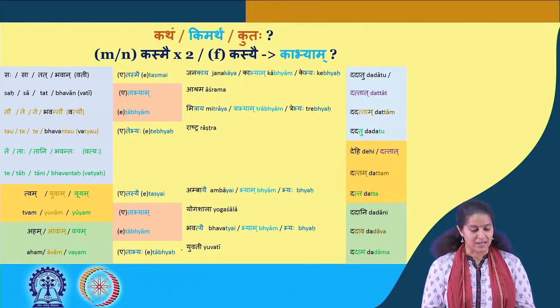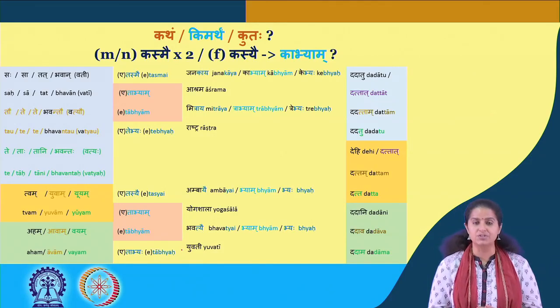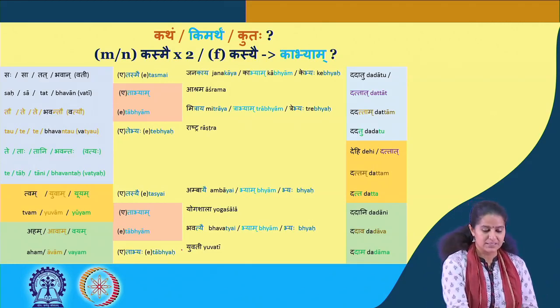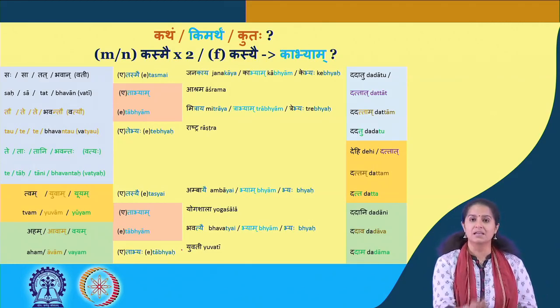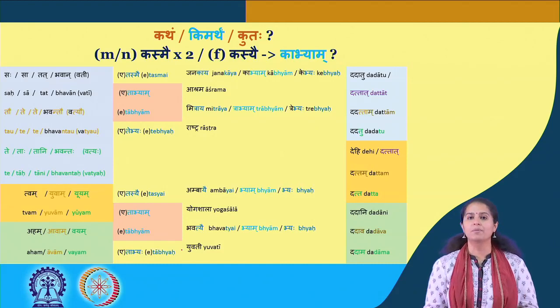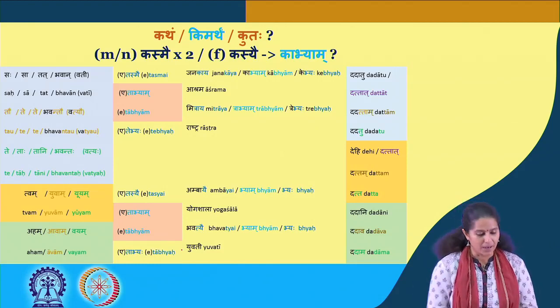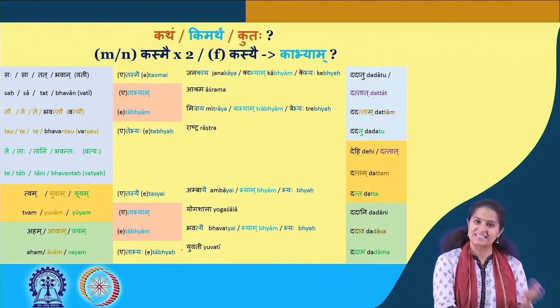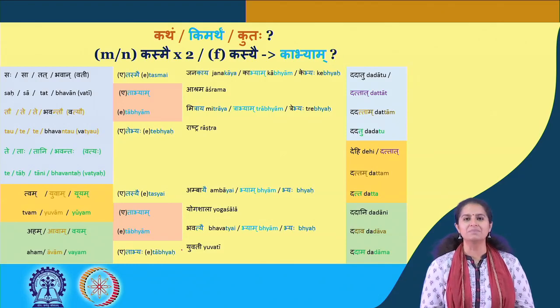So let's move on to the next one here, which is the fourth case, where the question is kimartham. And as we've seen, be it kimartham, katham, kimartham or kutaha, the form remains the same as kabhyam. So kasmai also for the masculine and neuter becomes kabhyam, and kasyai of the feminine also becomes kabhyam.